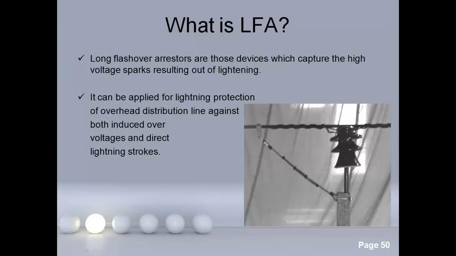Nowadays, the technique being used is LFA, long flashover arresters. These are devices which capture the high voltage sparks resulting from lightning. It can be applied for lightning protection of overhead distribution lines against both induced voltages and currents.